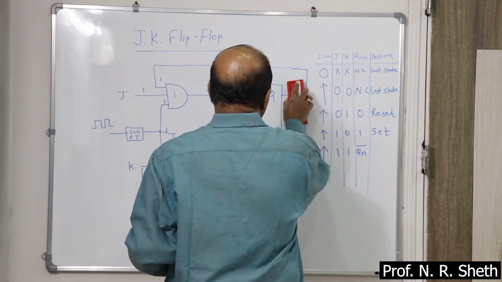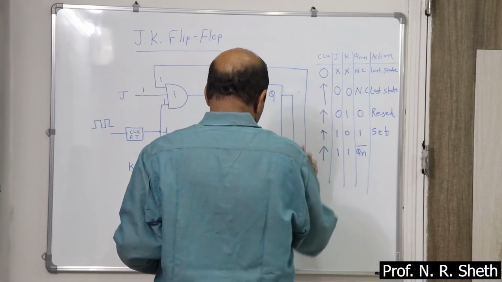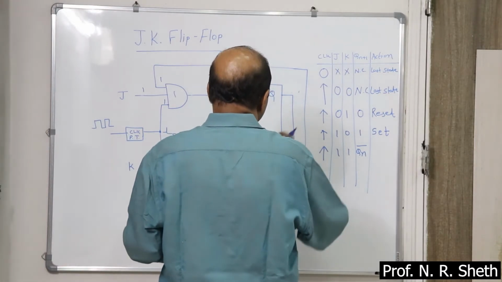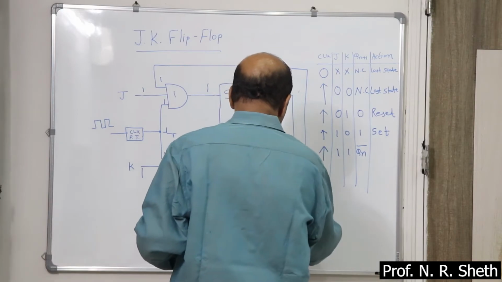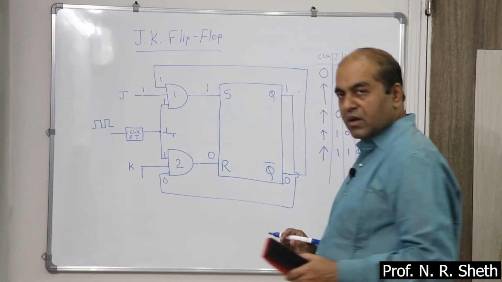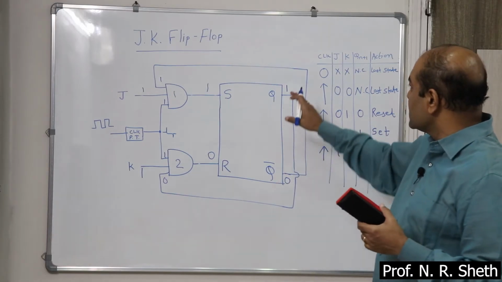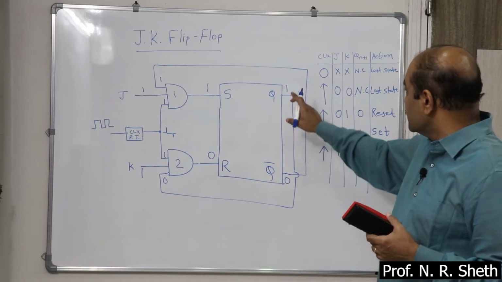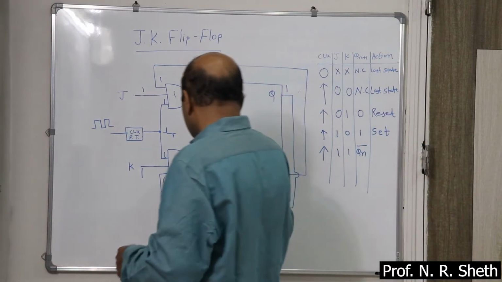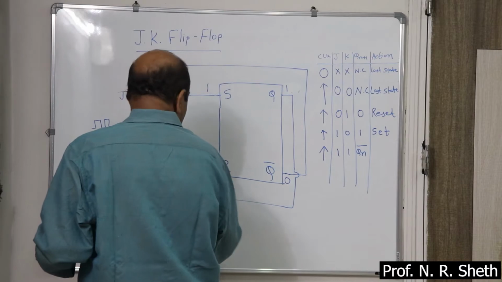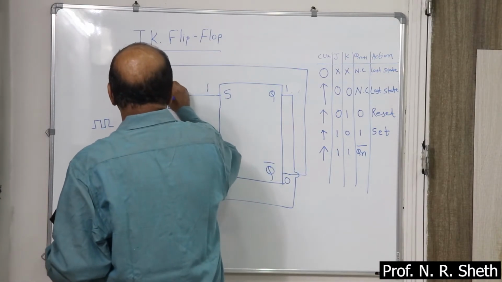Now let's say, suppose in previous stage, we assume the second condition, Q is 1, Q bar is 0. Initially we have assumed that Q is 0, Q bar is 1. Now we assume that Q is 1, Q bar is 0. So 1 comes here and 0 is here.